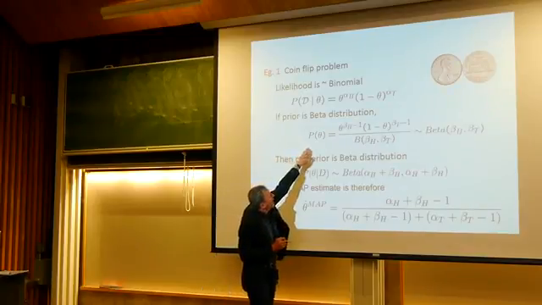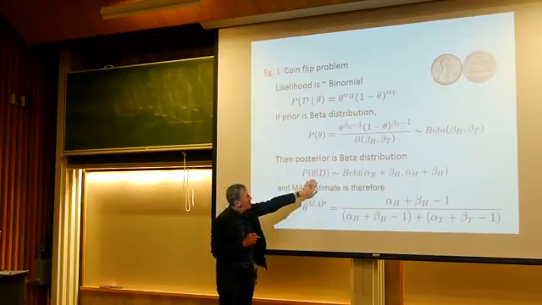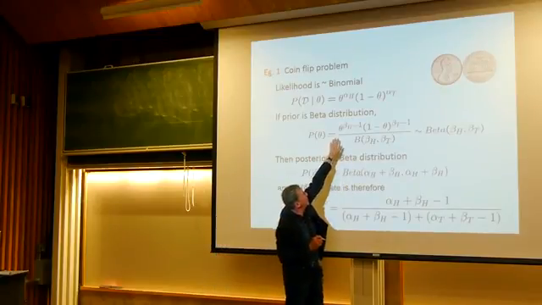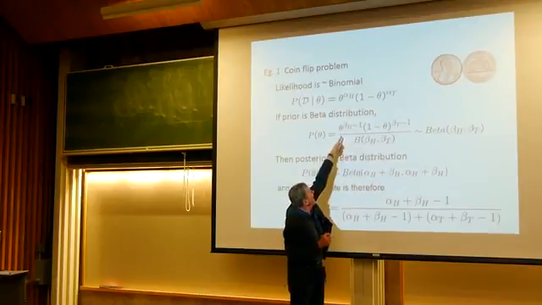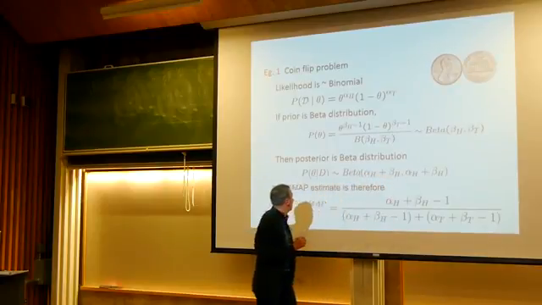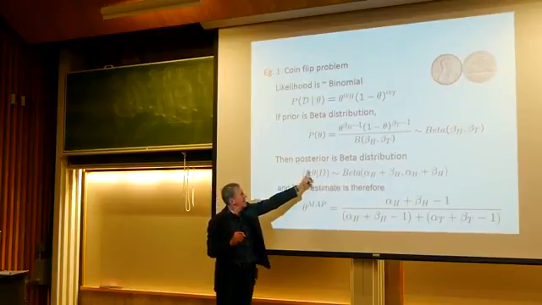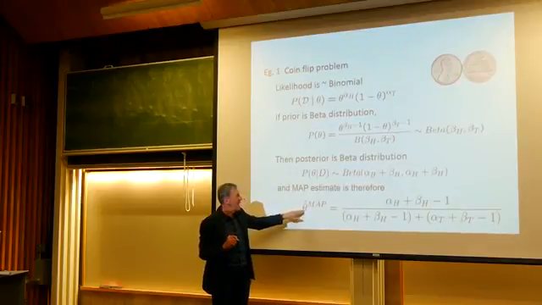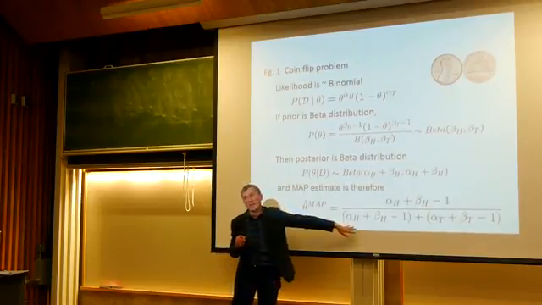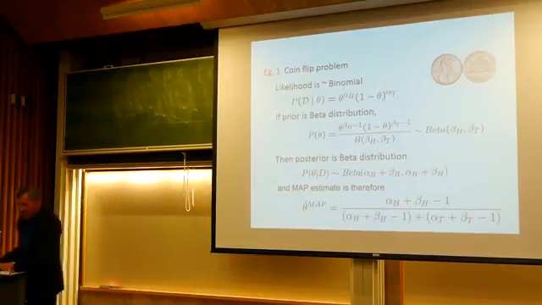If we use this prior, called a beta distribution, then the posterior is actually in the same form as this, except that instead of having beta as its arguments, it now has beta plus alphas. And when we get the MAP estimate, which maximizes this over all possible values of theta, the value that maximizes it is exactly this.